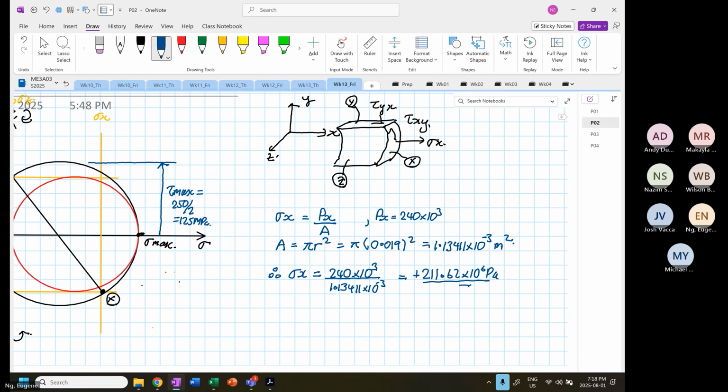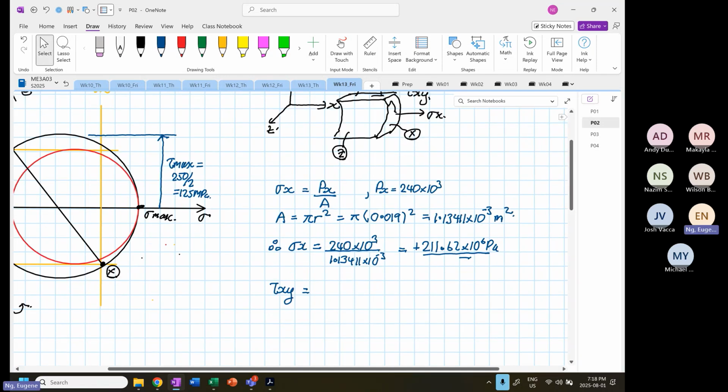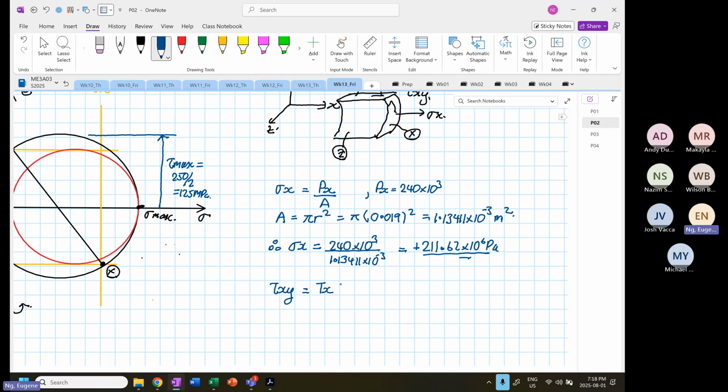Okay. And then we don't know our shear yet. We know the shear XY. This is equal to T, right? Tx, and we know that our C is equal to 0.019. And J, we don't know. I mean, we can find out the value.